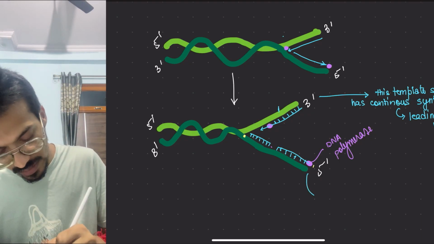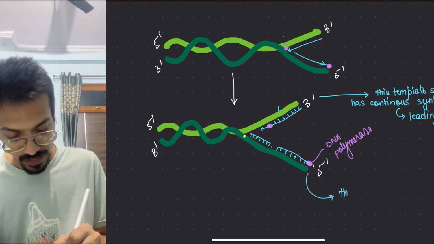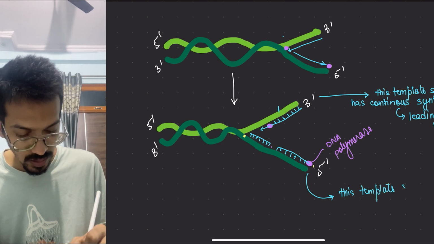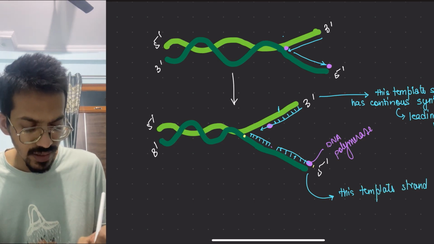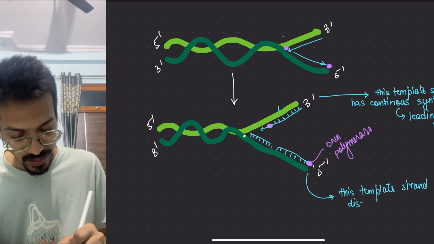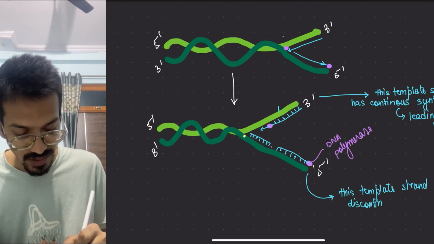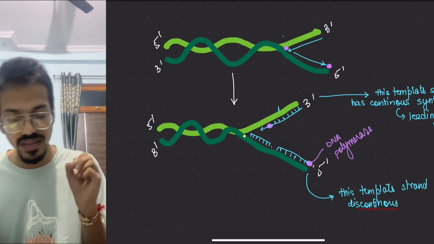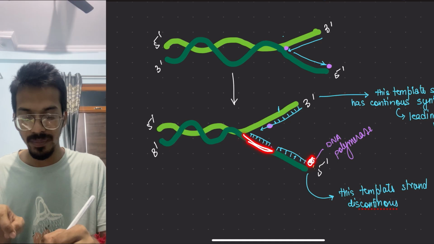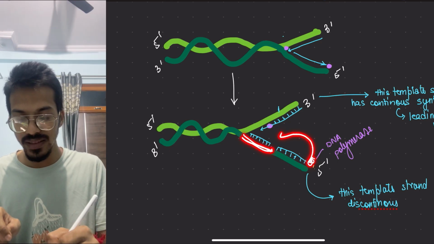Whereas this template strand has discontinuous synthesis, meaning in fragments. You understand why it is discontinuous? Because as this DNA polymerase reaches over here, more helix opens up, and it asks why this is not there.